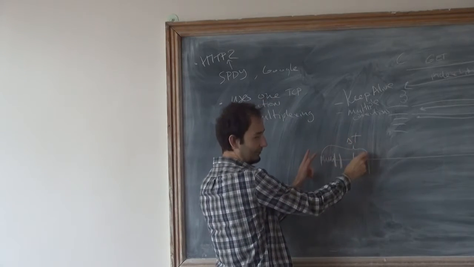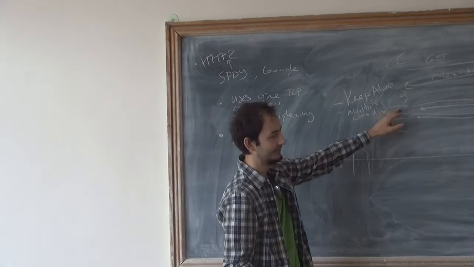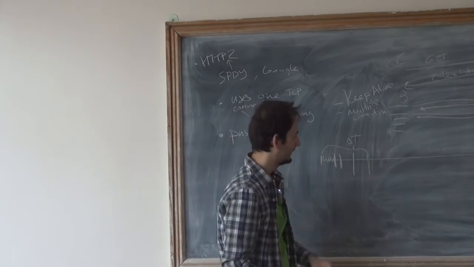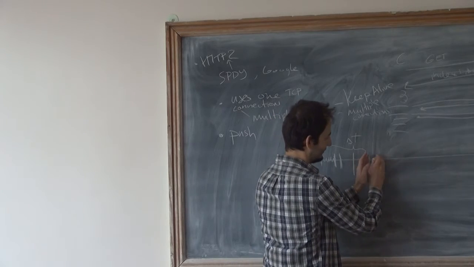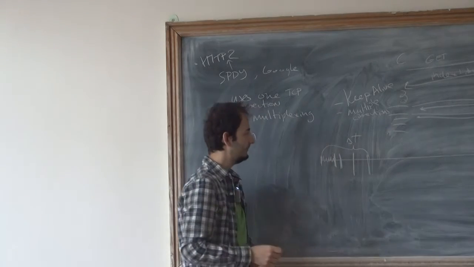So this is how long it takes for you to begin requesting new resources. And for each of them, you send another GET request, so it goes on and on.